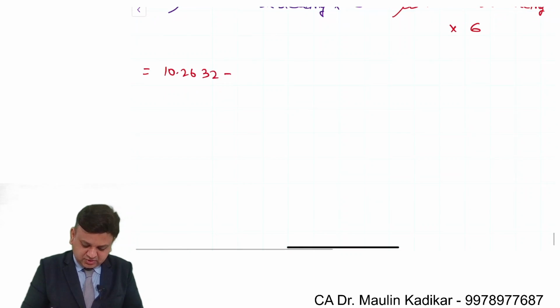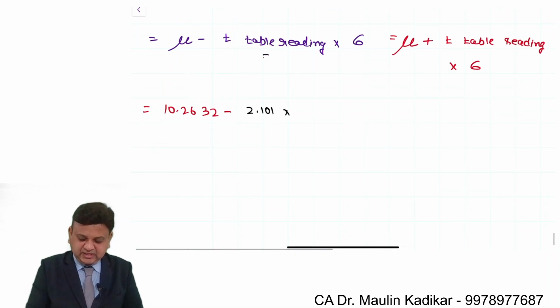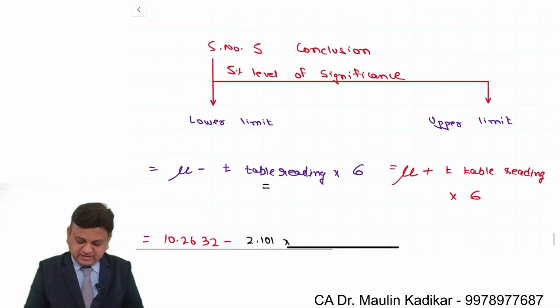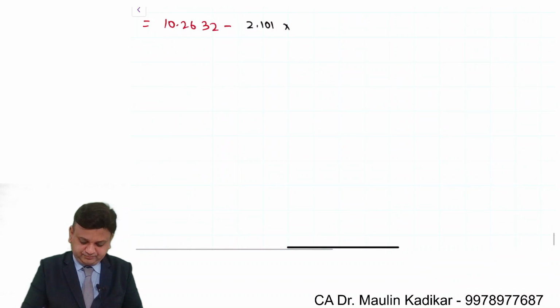So over here it is 2.101. That is the T table reading multiplied with the standard deviation, 2.0621.